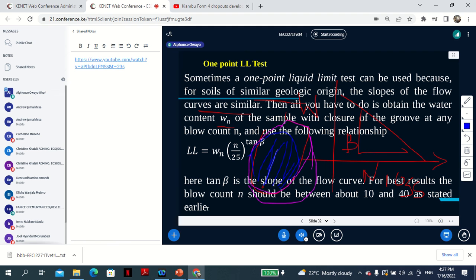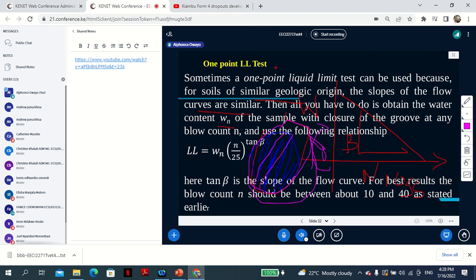This is the natural soil. You don't add anything, and then you make a groove. Once you make the groove, this becomes your separation, and then you rotate the cup.